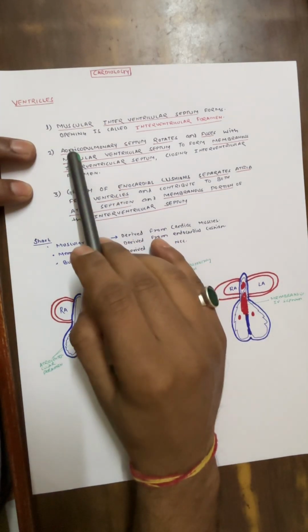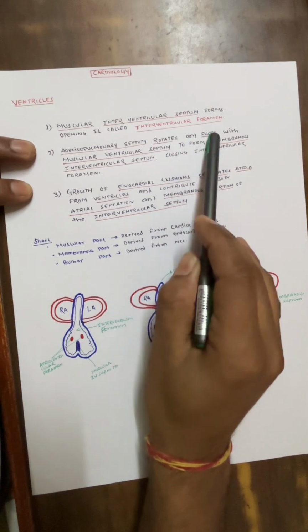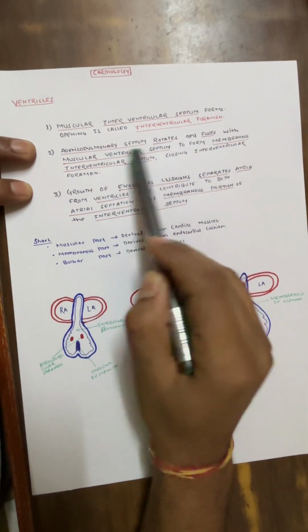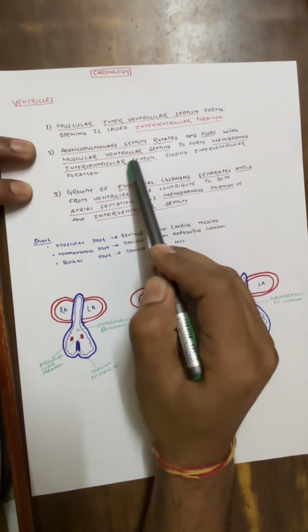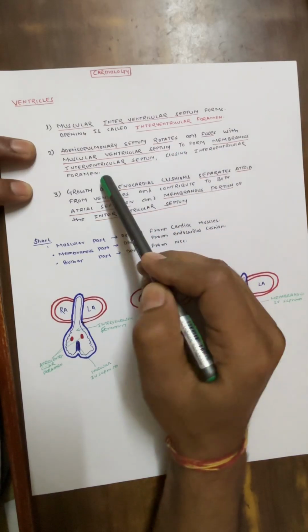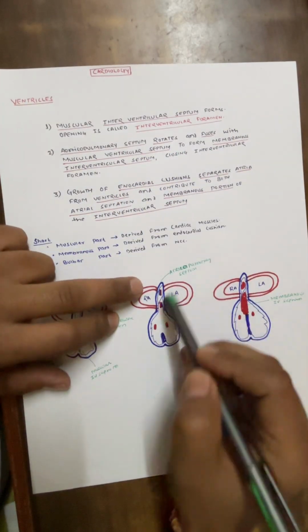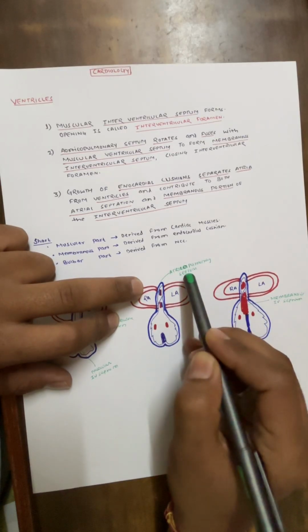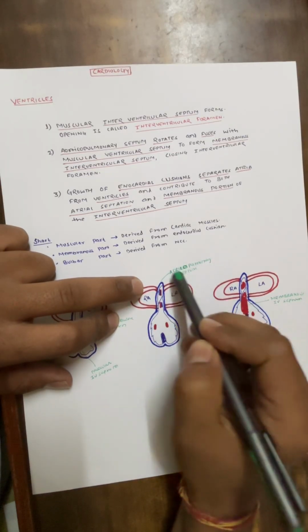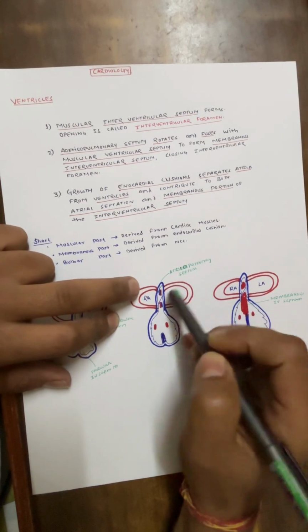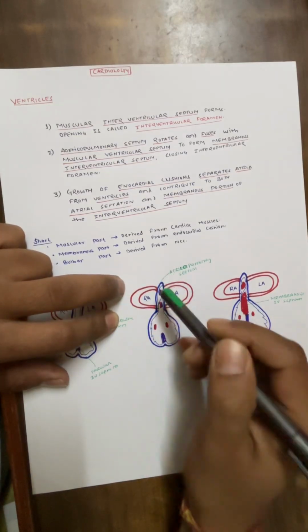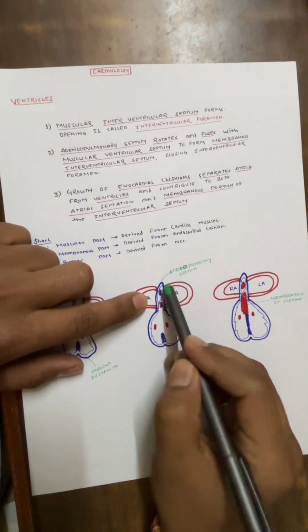The second thing is the aorticopulmonary septum rotates and fuses with the muscular ventricular septum to form the membranous interventricular septum, closing the interventricular foramen. What it's saying is that we all know there is a septum between the aorta and pulmonary artery in this outflow tract. This septum actually rotates.